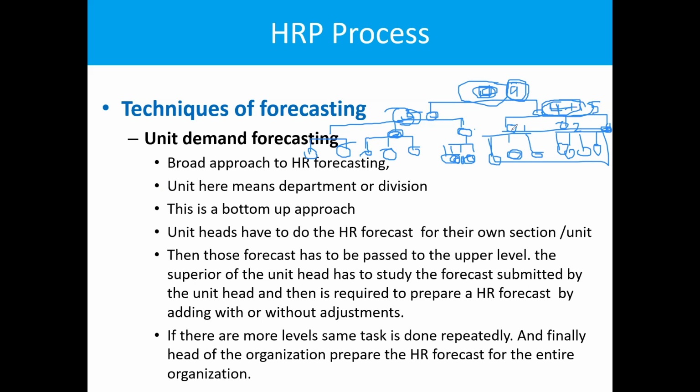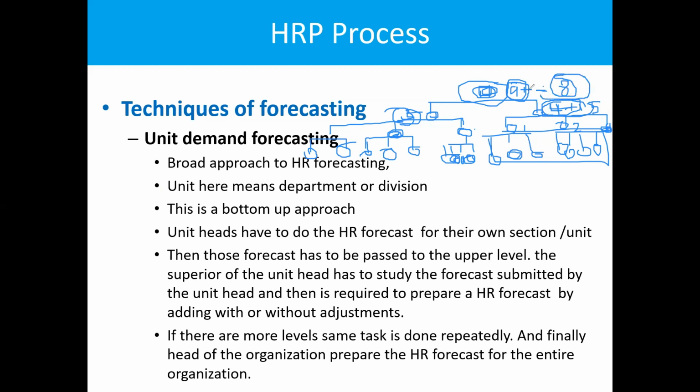So this is the final estimate, and this can be adjusted by the CEO, and he thinks that 9 is too much, so we don't have sufficient budget to accommodate 9. So then we can cut down 1 employee, and finally we can conclude that 8 people need to be recruited.